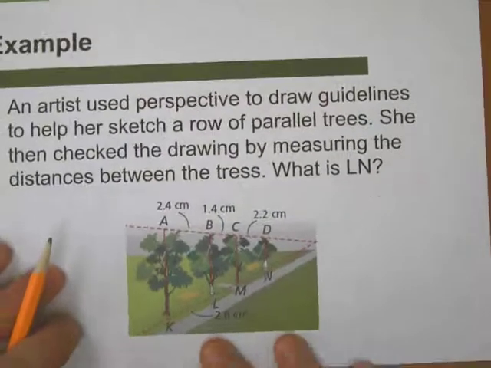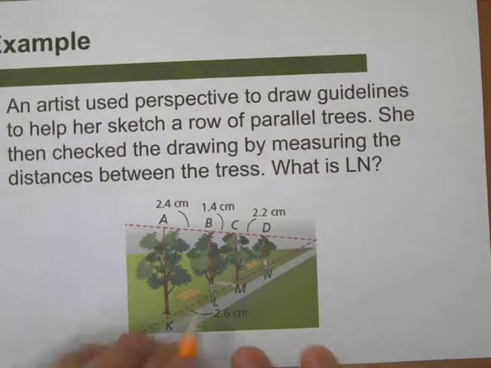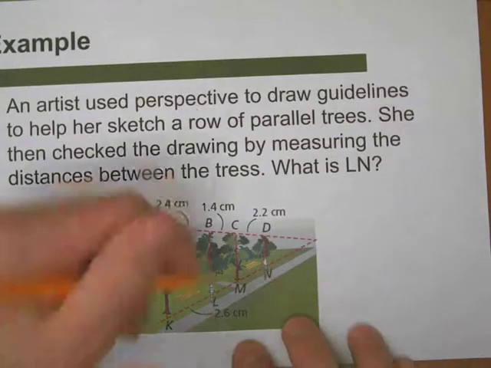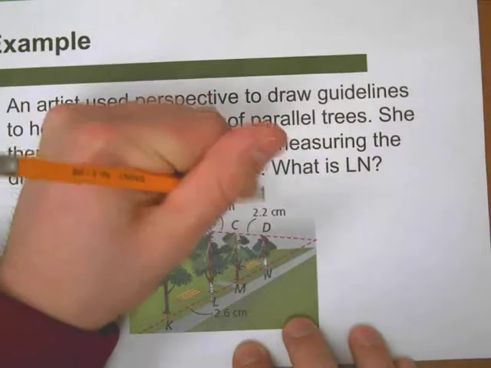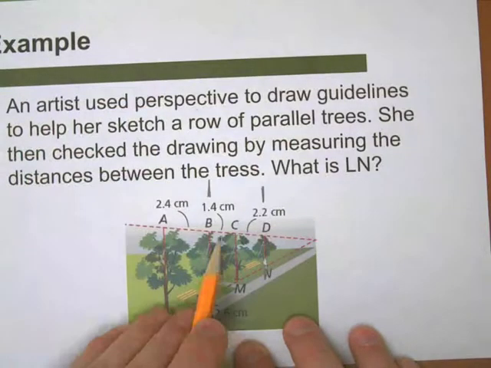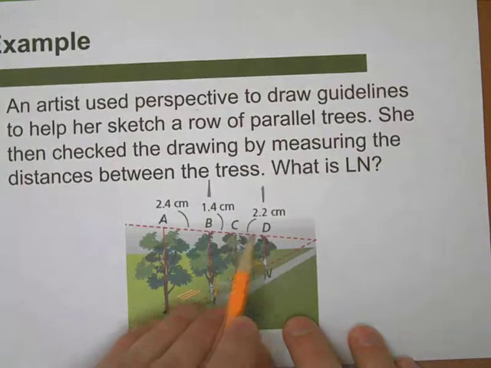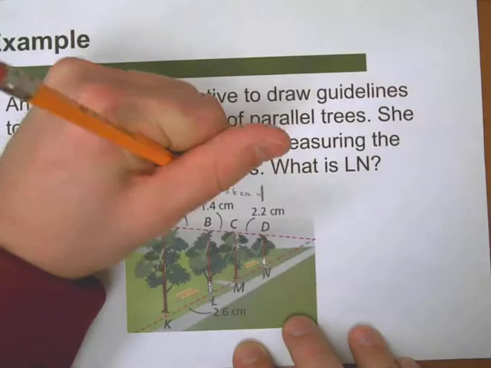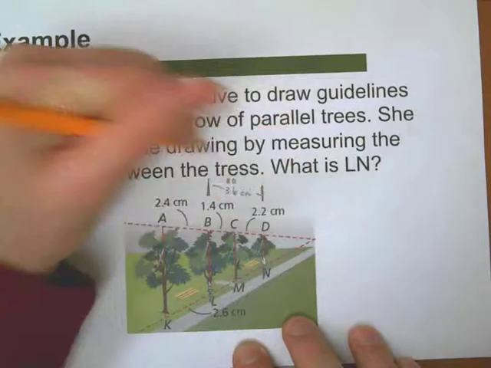If I'm finding the distance from L to N, that's this point to this point, so I'm skipping a tree in the process. That means I need to skip a tree here too. So this is 1.4, here's another 2.2. That's a grand total of 3.6 centimeters from B to D.